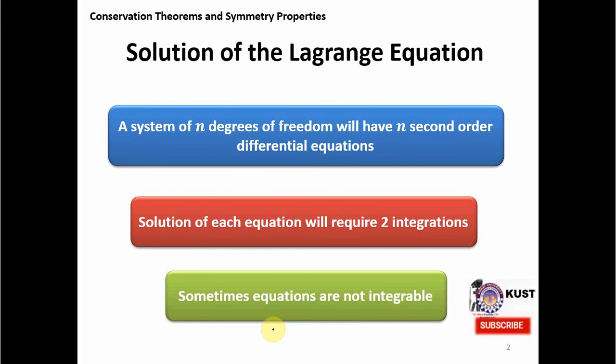So in today's lecture, what we are going to do is to look at the systems which are not integrable, and then look at the symmetries present in these systems, and then use these symmetries to know about some kind of conservation of some physical quantity which is there. So this is the main message, and the rest of it is the procedure which we will develop in order to implement this method.